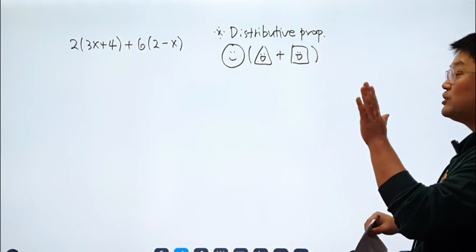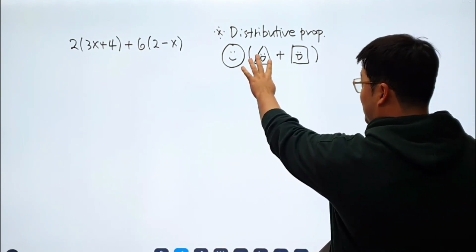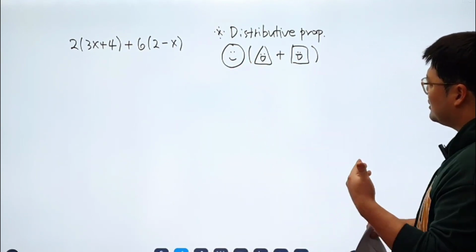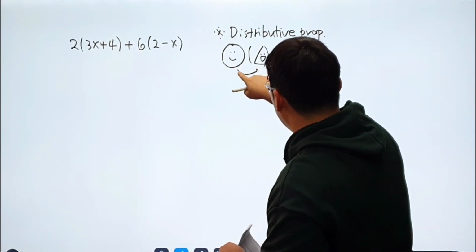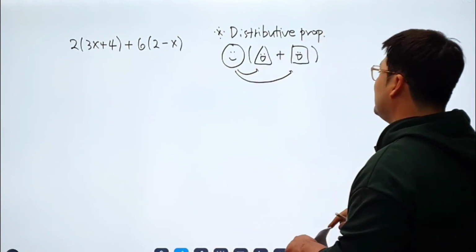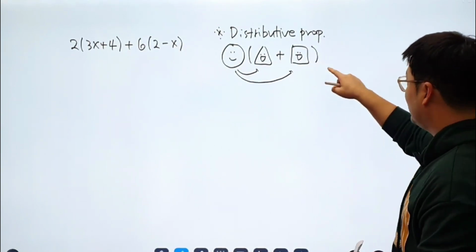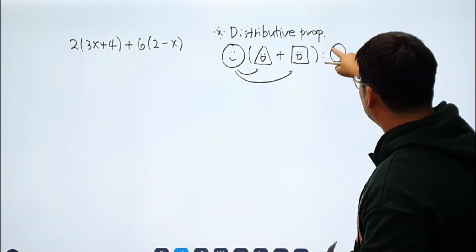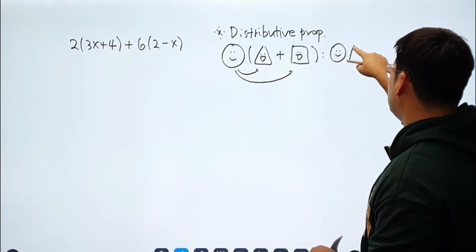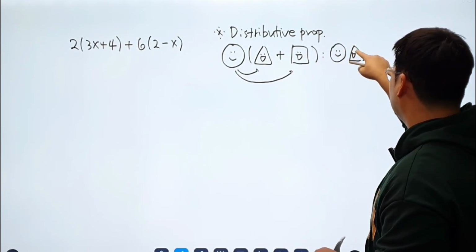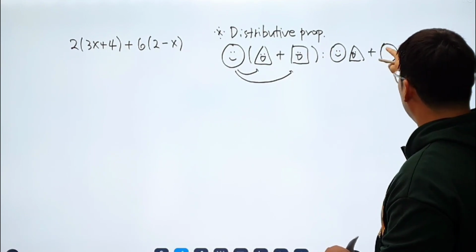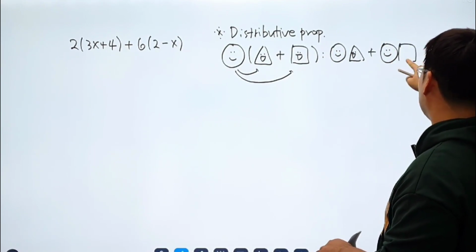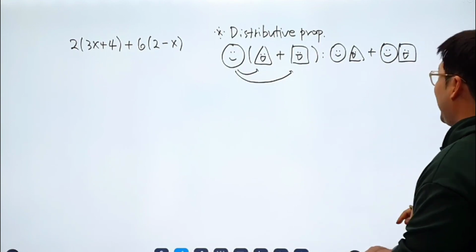If you multiply Mr. Circle with triangle plus square, this gets attached to all of the triangle and square that you see inside the parentheses. So that shall be Mr. Circle times Mr. Triangle, plus Mr. Circle times Mr. Square. Hooray, yay.